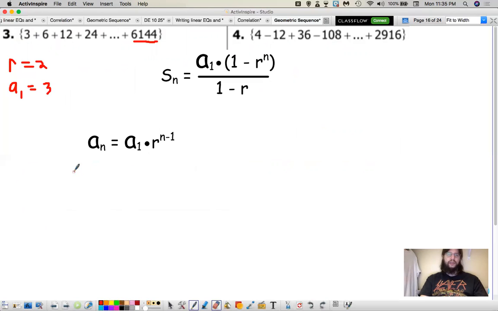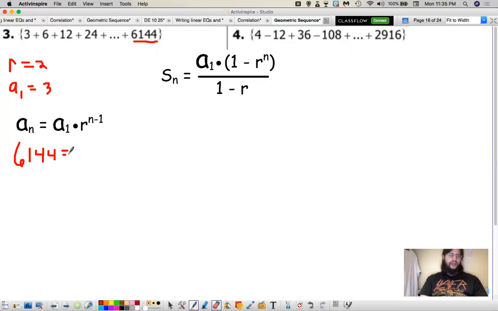Seriously, let's just plug it in. So 6,144 is equal to 3 times 2 to the n minus 1 power. Now, you do know how to do this. First, we'll divide by 3.